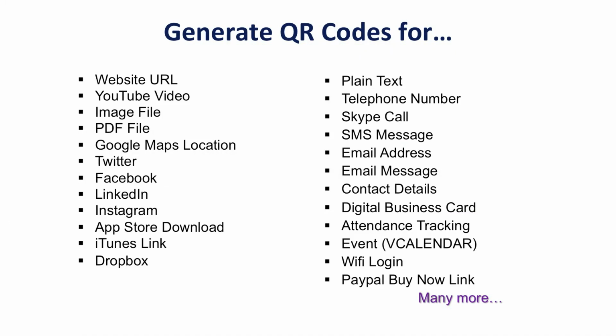They may be used by newspapers and other commercial markets, and basically QR codes are generated for website URLs, YouTube video, image files, PDF files, Google Map locations, Twitter accounts, scan to Facebook, LinkedIn, Instagram, Dropbox, and plain text, telephone numbers, Skype calls, SMS messages, email addresses, composing emails, contact details, digital business cards, attendance tracking, Wi-Fi logins, and different events and different calendars, and many more.